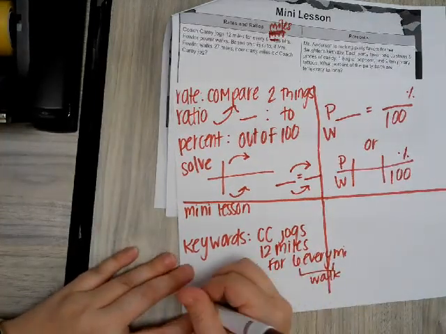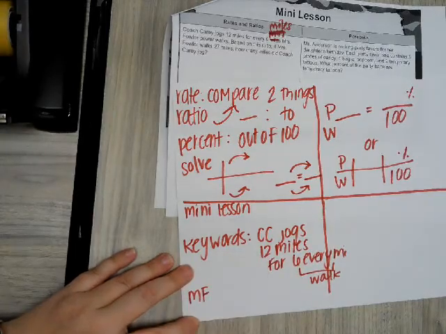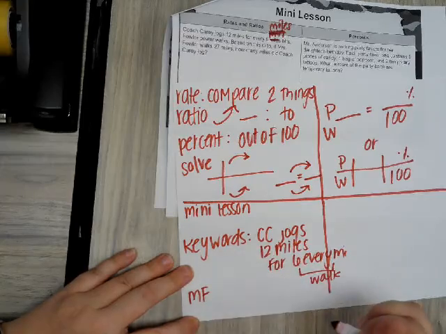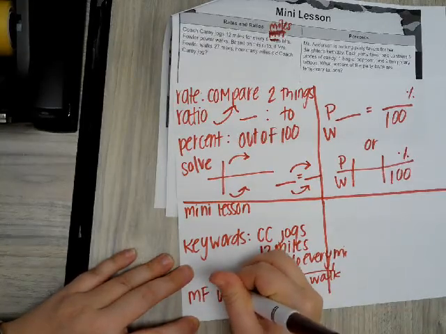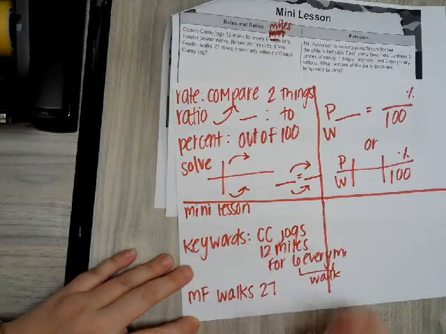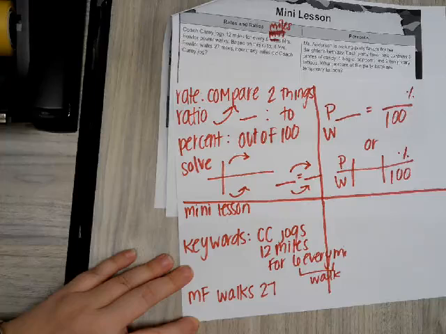Okay, Miss Fowler, she walks 27. This is just written weird. How many miles did Coach?